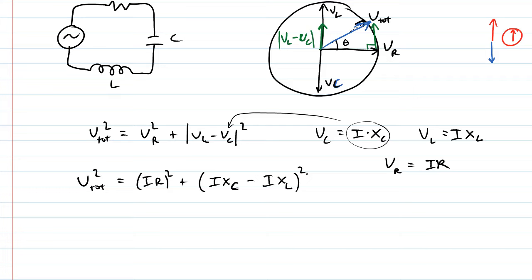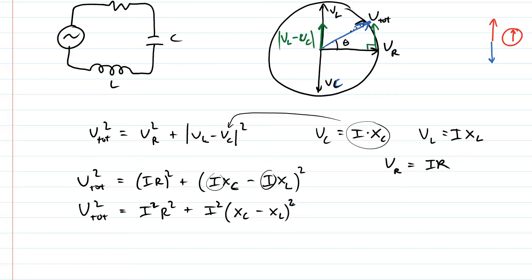Now we have a little algebra to do. This is going to be basically I squared R squared. You'll notice that there is an I that could be factored out, and it can be taken out if you keep it squared, so it's going to be I squared, and then left over is going to be XC minus XL squared.